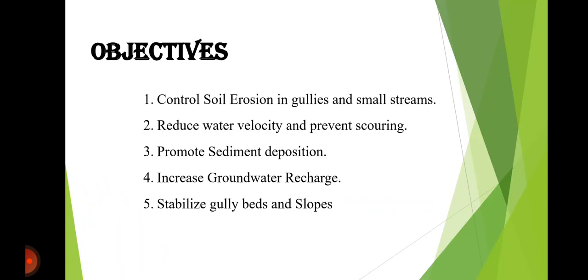So next let's move on to the objectives of the check dams.